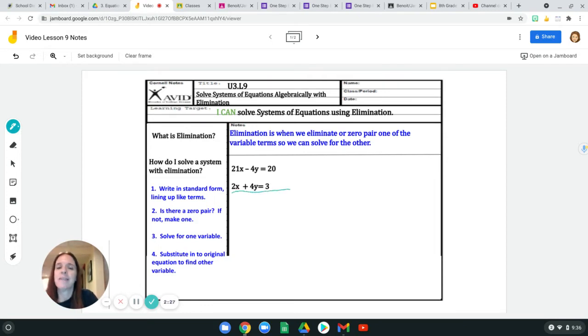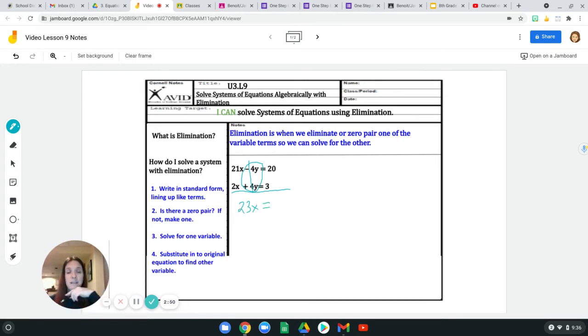Just you wait. All right, so we see a zero pair with our y terms. We have a positive 4y and a negative 4y. Those would zero out. All right, and then we're just going to vertically do the math for what's left. A positive 21x and a positive 2x. That gives us positive 23x's.